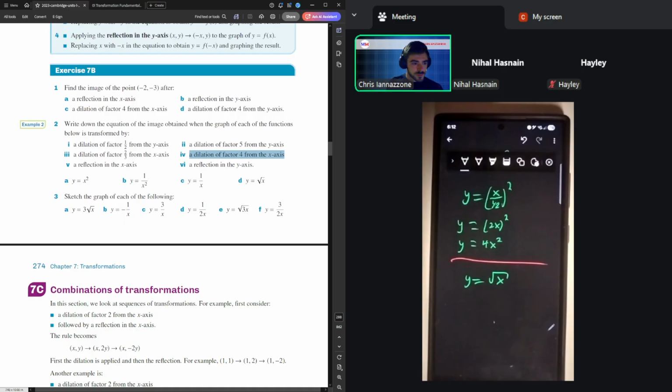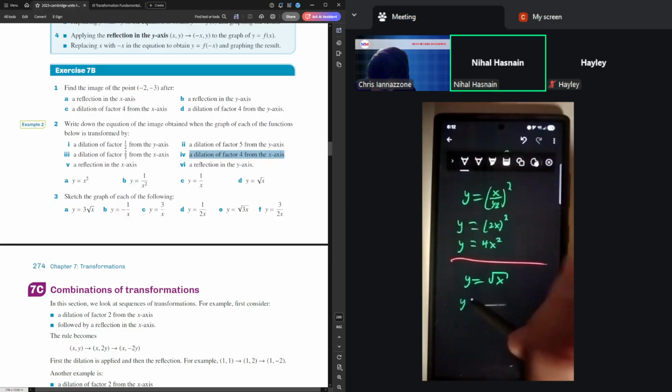Dilate factor of 4. Square root of 4x. Like this, square root 4x.